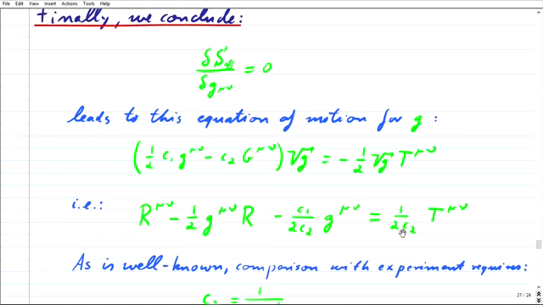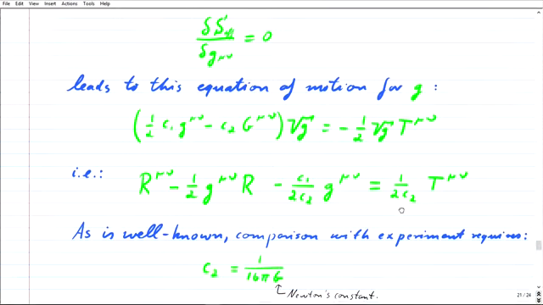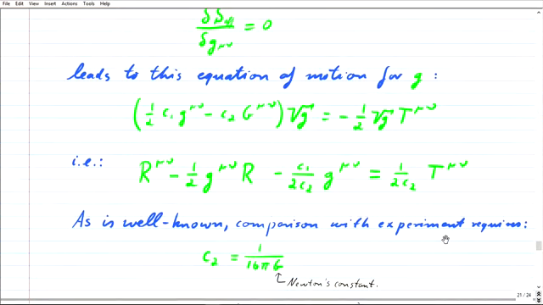Eventually, we will move this term entirely over here to the energy-momentum tensor. But then we have here the Einstein equation, and Sakharov was not able to fix on theoretical grounds what the constants C1 and C2 are.